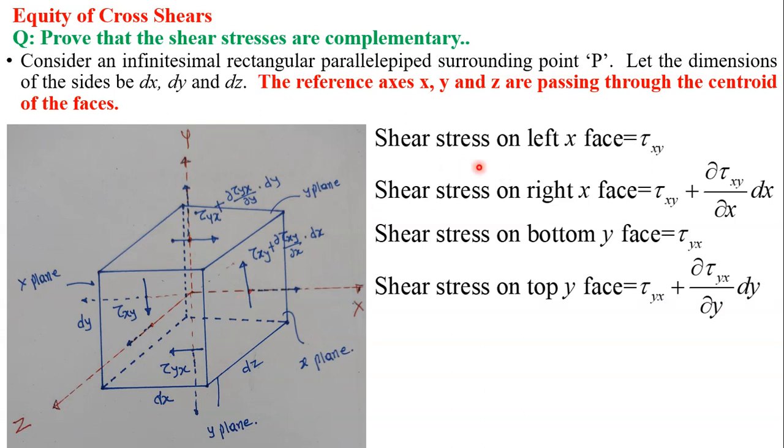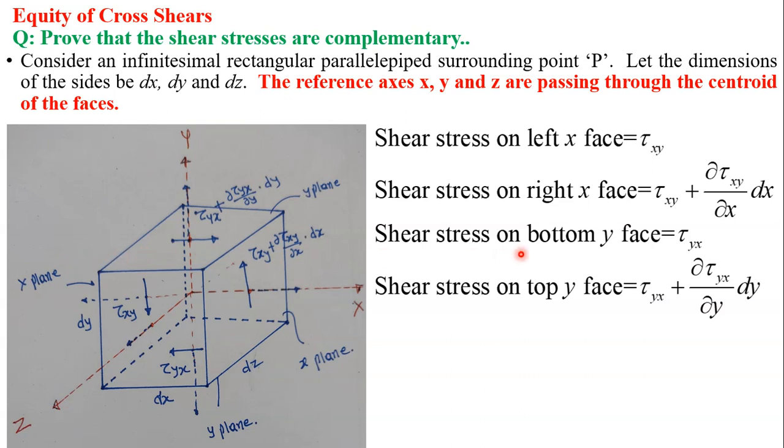Now, shear stresses on left x face. Please follow the cursor. This is left x face. Shear stress acting on left x face is tau xy. Shear stress on right face is tau xy dash, which is equal to tau xy plus the increment in the stress, dabba tau xy by dabba x into dx.